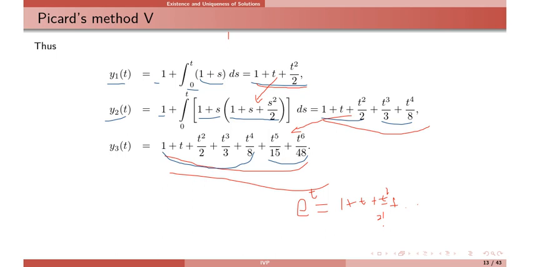We started with 1, then you got 1 plus t, and then you got 1 plus t plus t square by 2 and so on. And this is the basis of the method. So we started with the initial condition, that is the known solution. Then we capture term by term the series approximation of the solution using Picard's method.